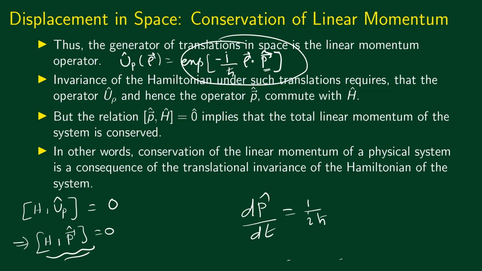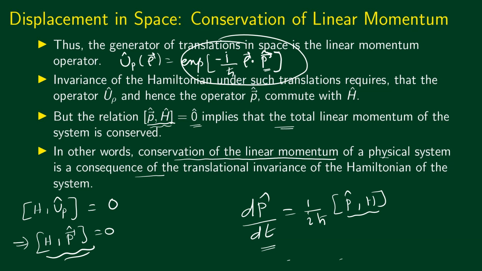This is equal to 1 divided by i h bar, the commutator of P with H. If P commutes with the Hamiltonian, that means dP/dt is equal to 0. So the relation which says the commutator of P with H equal to 0 implies that the total linear momentum of the system is conserved. In other words, conservation of linear momentum of a physical system is a consequence of the translational invariance of the Hamiltonian of the system.